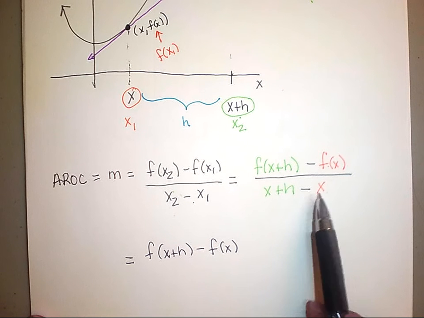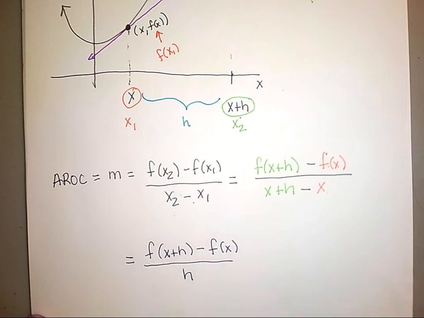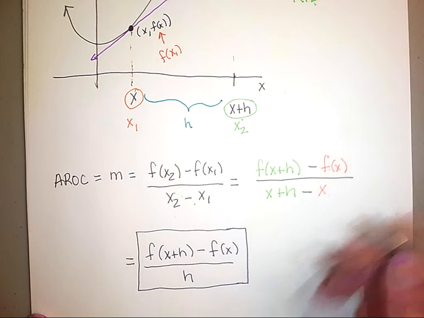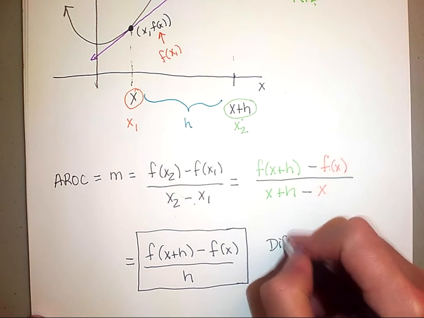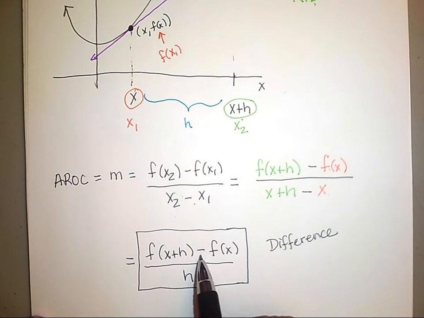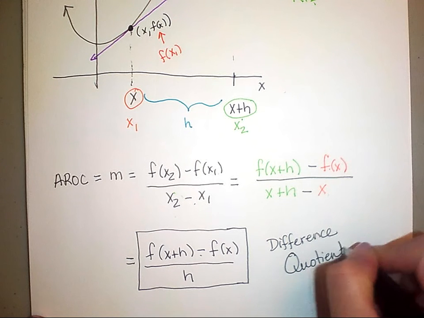Now, we can't simplify the numerator because we don't know what the function evaluated at x plus h is, nor do we even know what the original function is. But we can simplify this denominator because if I take x and I subtract off x, I'll just be left with h. And I hope this looks familiar to you.